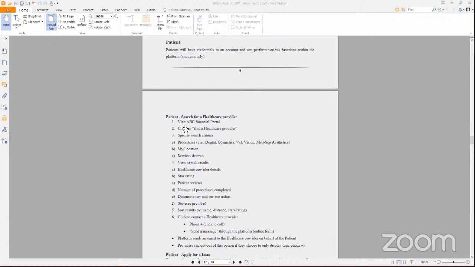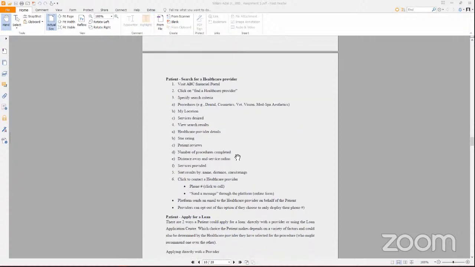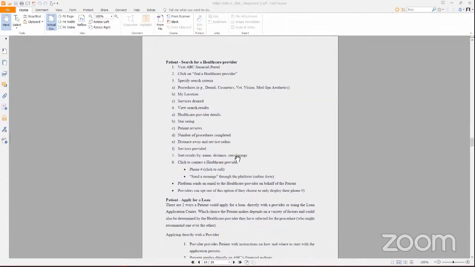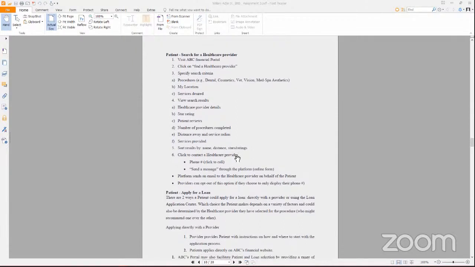So the patient will visit ABC Financial Portal, click on find a healthcare provider, and specify the search criteria and the type of procedures he or she wants, the location, and the services desired. They then view search results: healthcare provider details, star rating, patient reviews, number of procedures completed, distance away, service radius, and services provided.